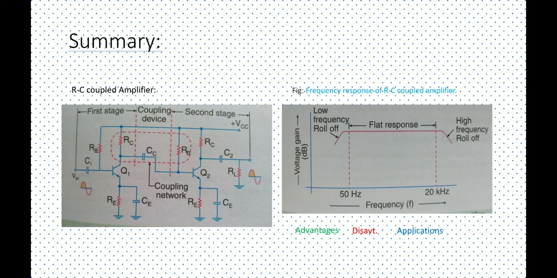In the frequency response, we saw the flatter response for the mid frequency range of 20 Hz to 20 kilohertz, and at higher frequency the gain reduces due to the reactance of the coupling capacitance and the action of the emitter bypass capacitor. Then we saw the advantages, disadvantages and applications of the RC coupled amplifier.